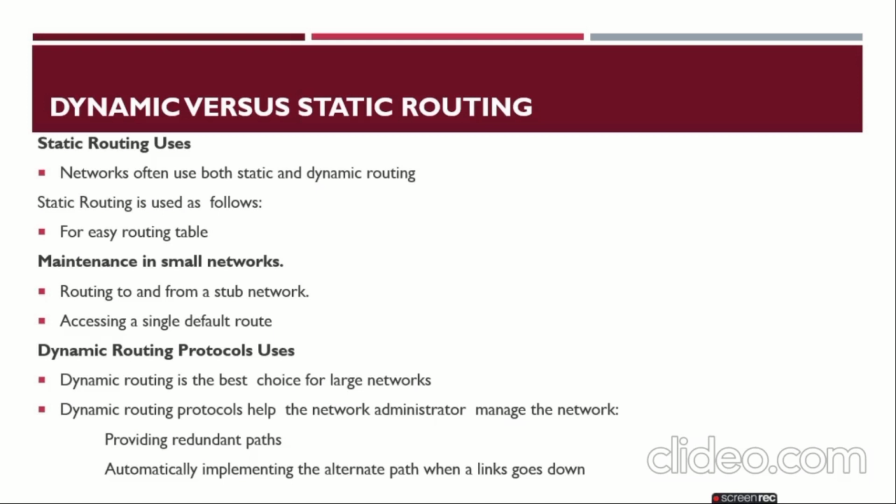Dynamic routing protocols are the best choice for large networks. Dynamic routing protocols help the network administrator manage the network by providing redundant paths, automatically implementing the alternate path when a link goes down. So that's it for topic 1.